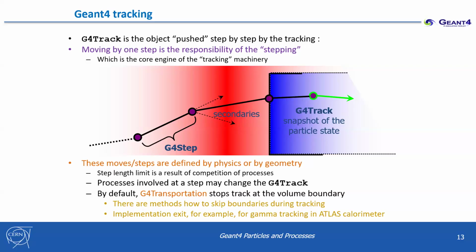They ask for shorter step lengths in order to correctly handle the interaction. And another part is a random step length for the next interaction. So this is a combination of different step limits which come out from physics processes which define each new step.